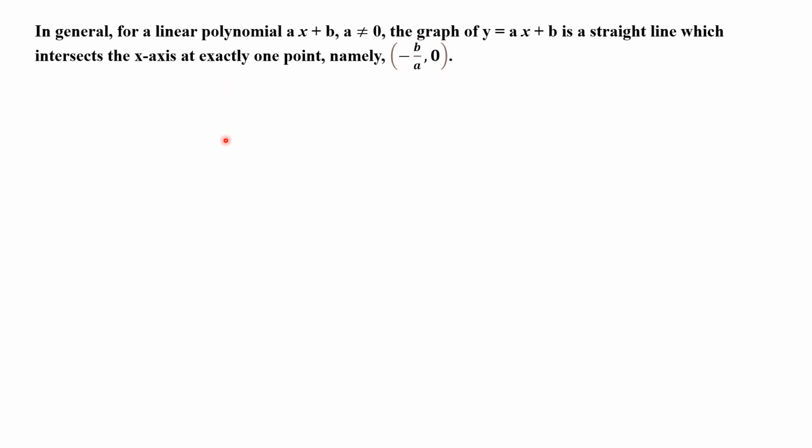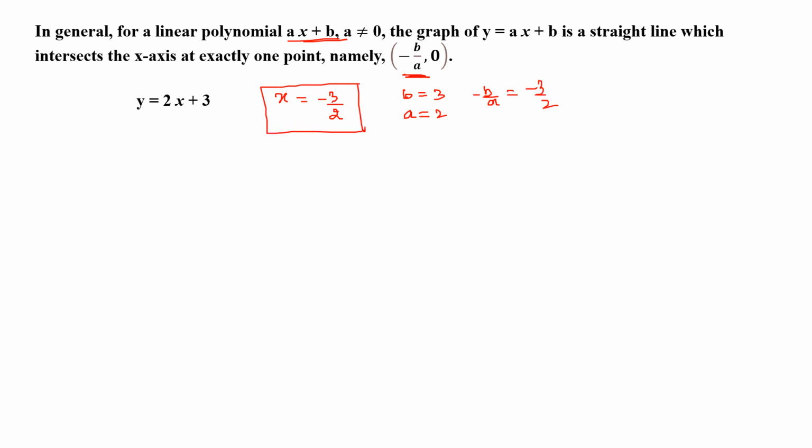In the previous slide I used this linear polynomial, and when we solved, we got the zero of the polynomial as x equal to -3/2. If you relate with this, your b here is 3 and your a is 2. So minus b by a will be equal to -3/2, and that's what we got as the zero of the polynomial.